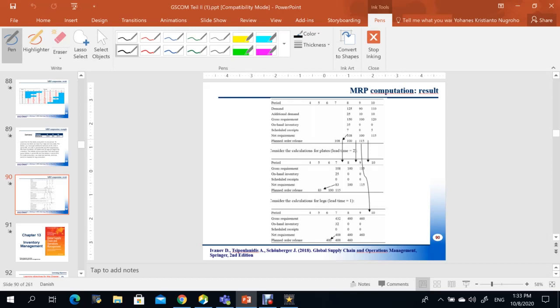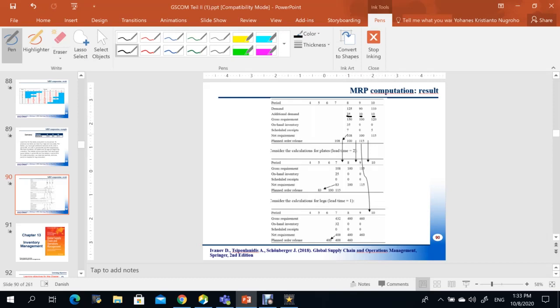And for tables, we have got additional demand of 25 units in period 8, 10 units in period 9 and 10 in period 10.